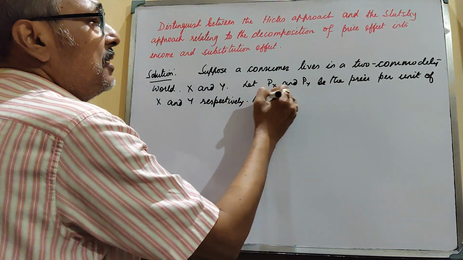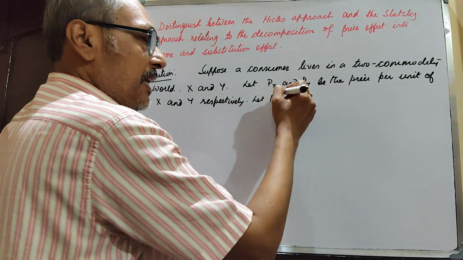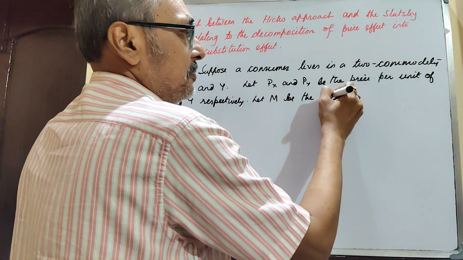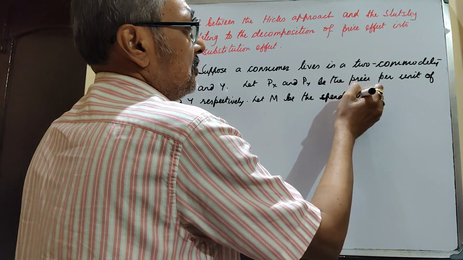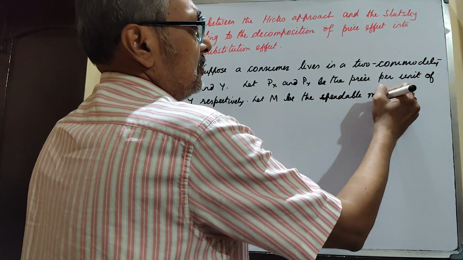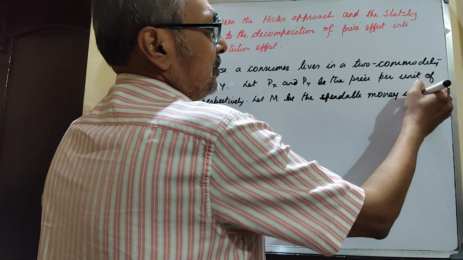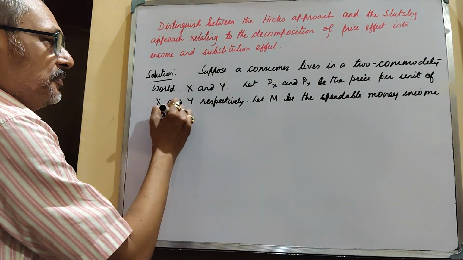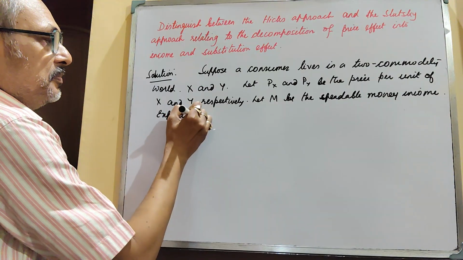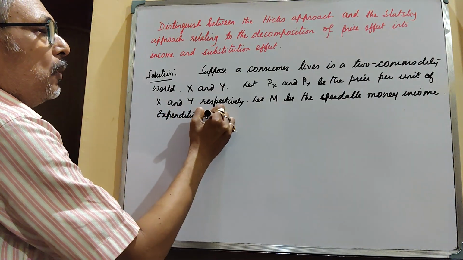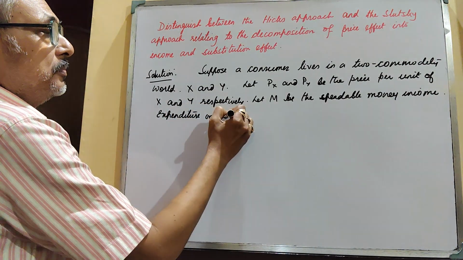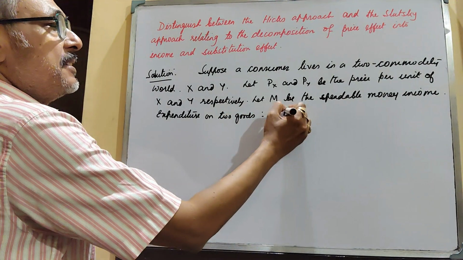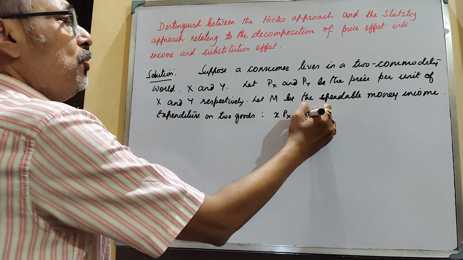Let M be the spendable money income. The expenditure on two goods is X into Px plus Y into Py.